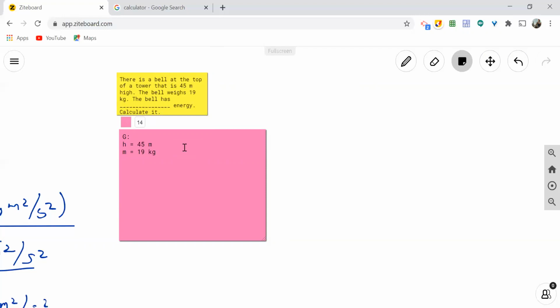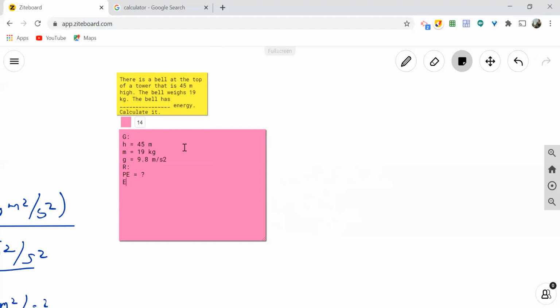And of course, since we're talking about gravitational potential energy, there is a constant for acceleration due to gravity, which is 9.8 meter per second squared. Okay. So kompleto na ating given. Then what is our required?